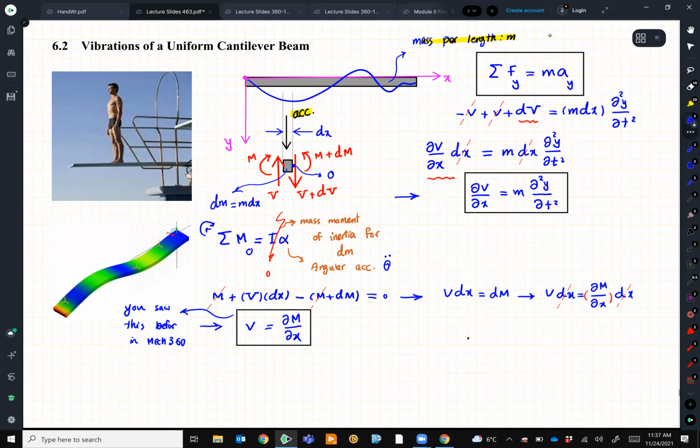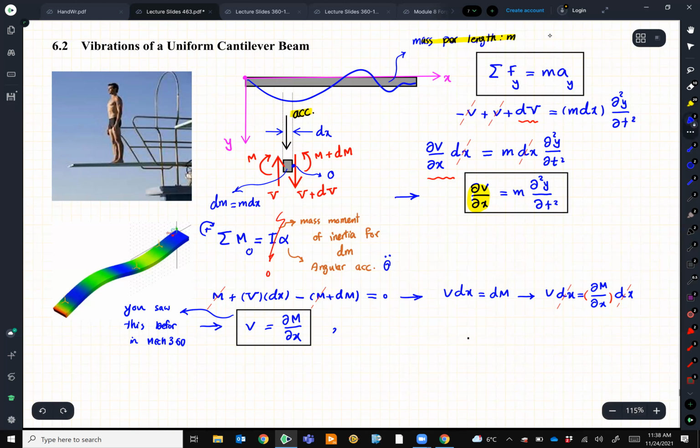But this is an acceptable relation, and you saw we managed to prove it as well outside MEC 360, because now everything is vibrating, moving up and down. So between V shear force and bending moment at any point, there is this relation. But what I need here is the derivative of V with respect to x in the equation above.